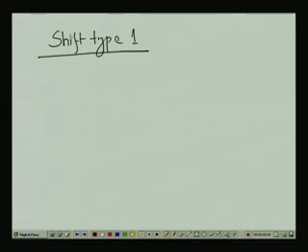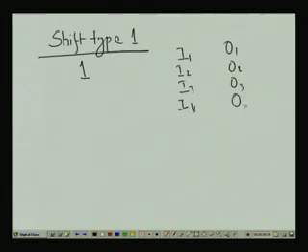Now, I am taking shift type 1. That means all the input bits will be shifted by 1 bit.